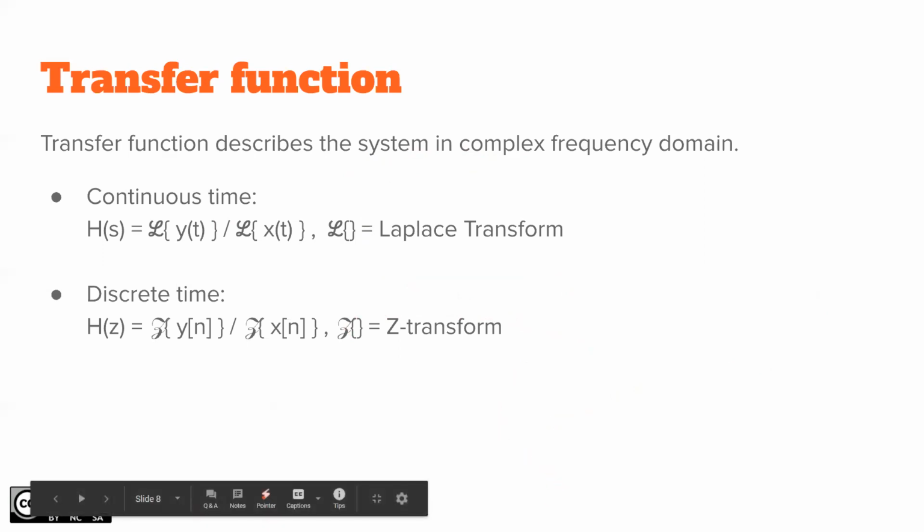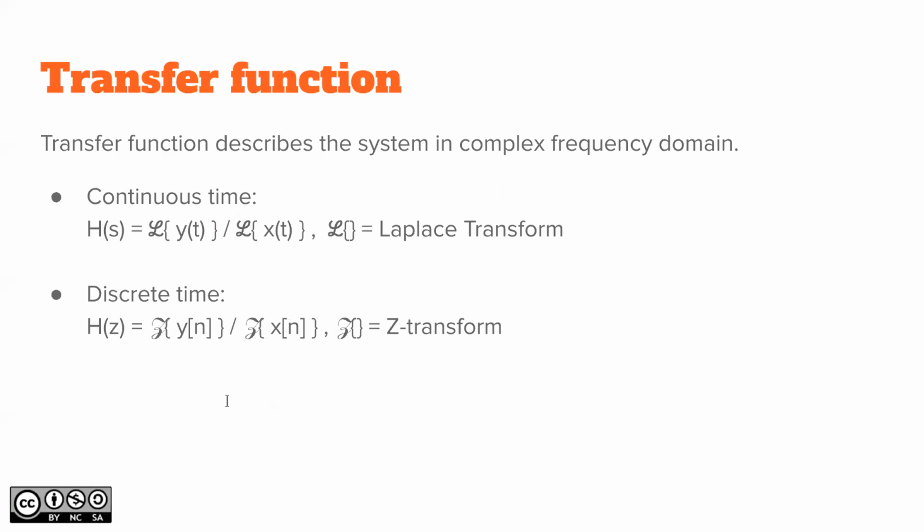Basically we have the Z transform of the output equal to the system transfer function times the Z transform of the input.